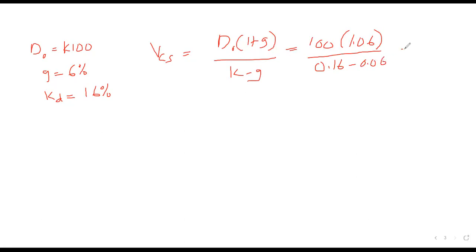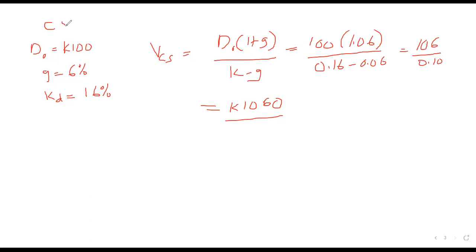So here we're going to have 106 over 0.10. So the value of stock here will be 1060. That is the value of stock using Gordon's model.